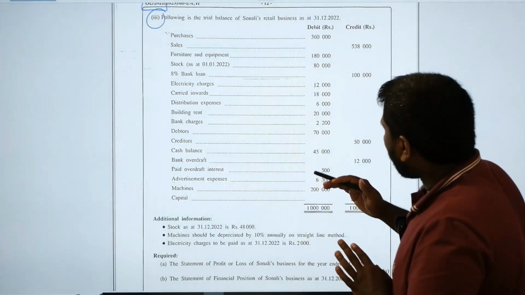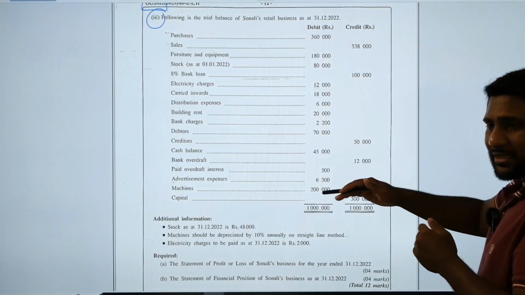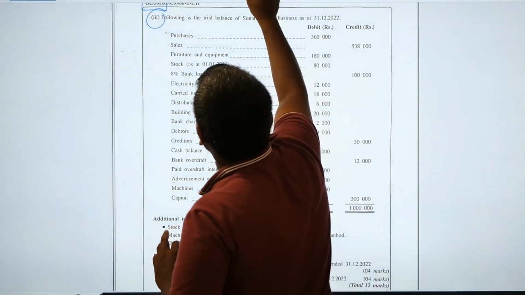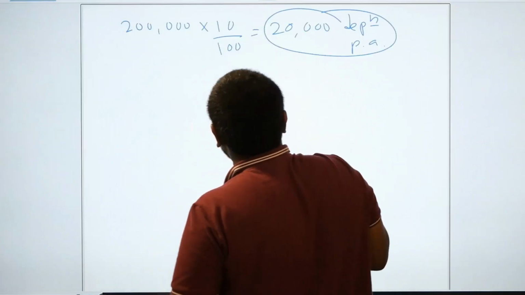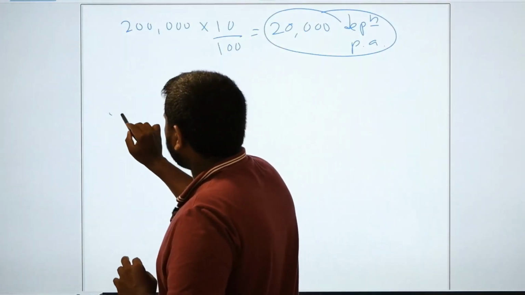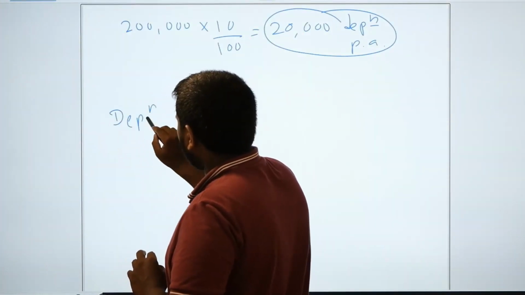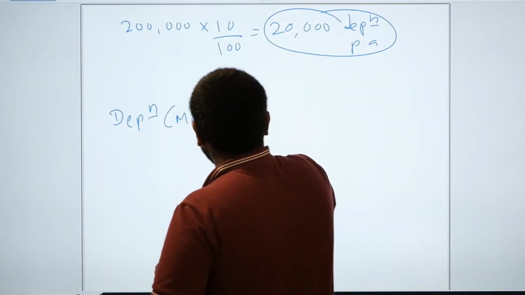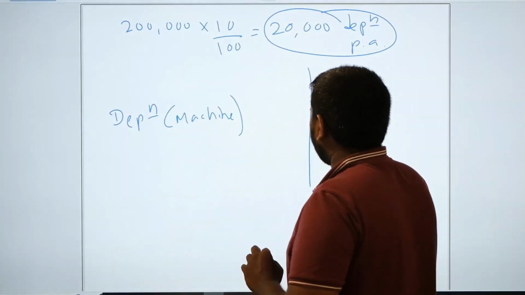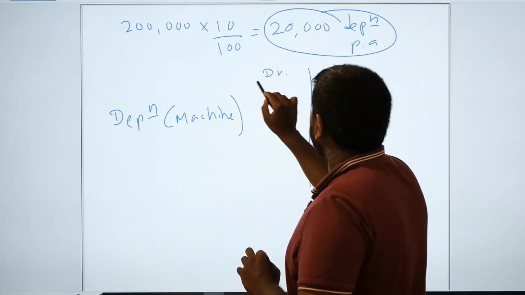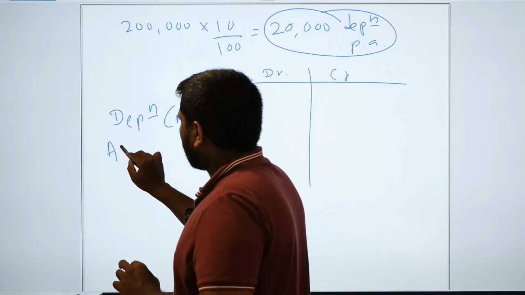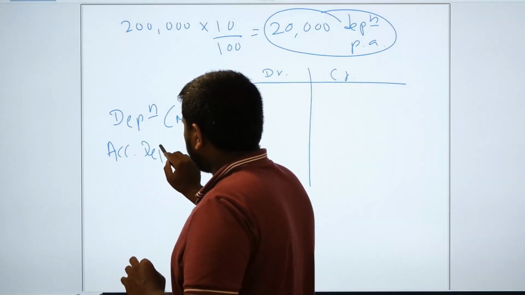So now I am going to write down somewhere whatever additional lines are coming to the trial balance. I'll just write it over here maybe. Machine depreciation. Here I have my debit side, here I have my credit side, and accumulated depreciation.